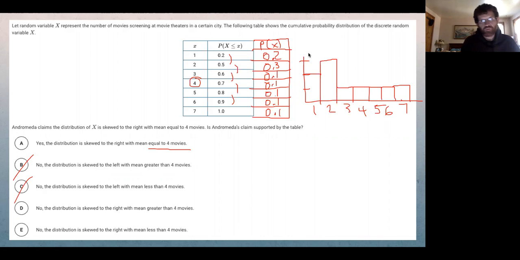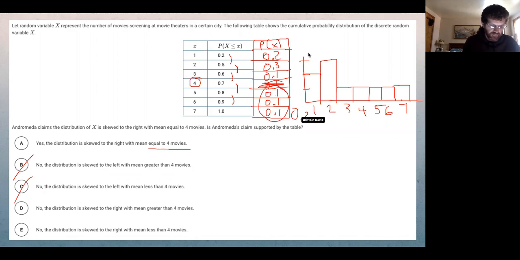But we could just intuitively go through this. We want to think, okay, 4 is right here, which means I need to have kind of equal probability on either side of it if the mean is exactly 4. Above 4, there's a 0.3 probability of getting above 4.